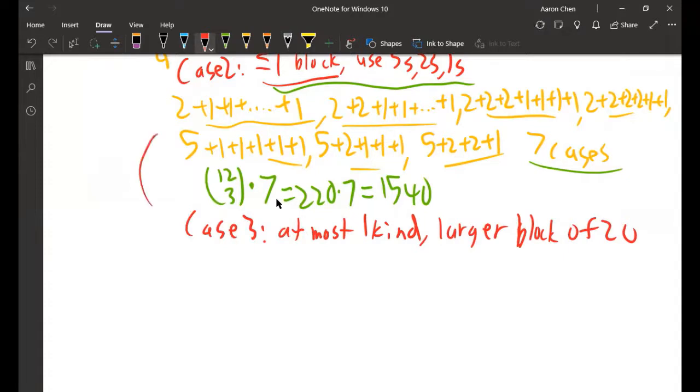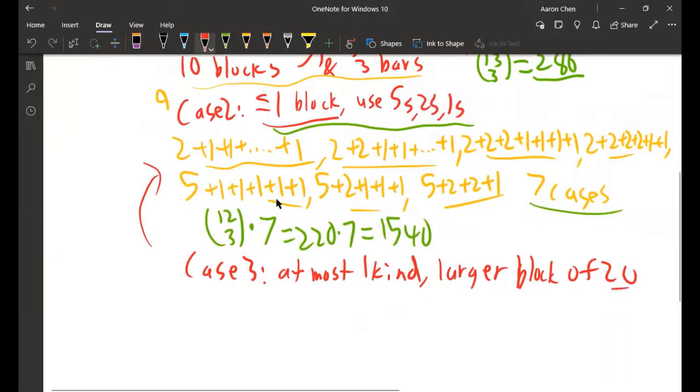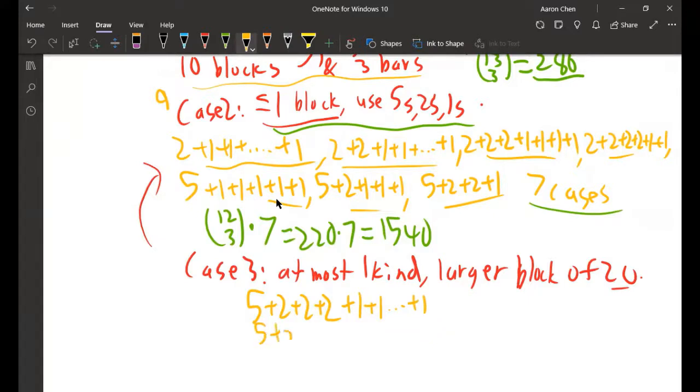It's quite similar to the previous case, except that there it's a block of 10, and here it's a block of 20. So there are only 2 cases here. The first case is 5 plus 2 plus 2 plus 2, which is 11, and the rest is 9 ones. The other case is a 5, then 4 2s, and 7 ones.